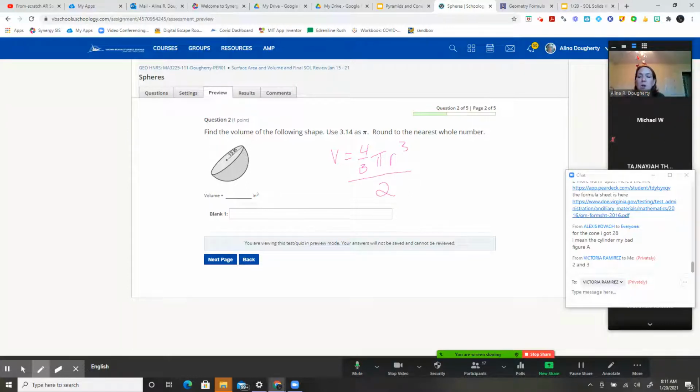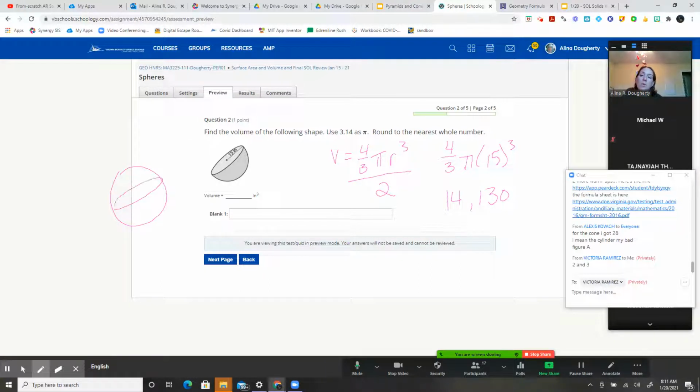So our r is 15. So 4/3 pi and then 15 cubed. Let's find that first. So in your calculator, do 4 divided by 3, hit enter, get 1.33, and then times pi and times 15 cubed. You should get 14,130. That would be for an entire sphere, an entire basketball.